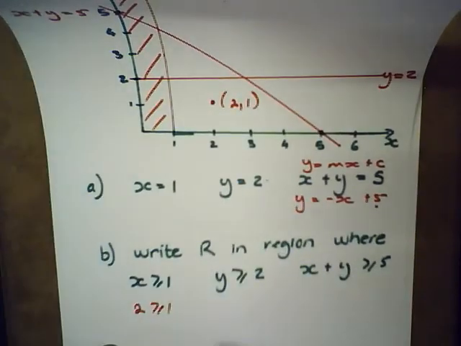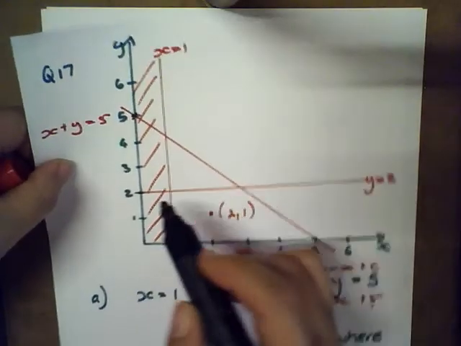The next one we have, 1 is greater or equal to 2. Is that true? No, that is not true. 1 is not greater or equal to 2, so this is not part of the solution set.